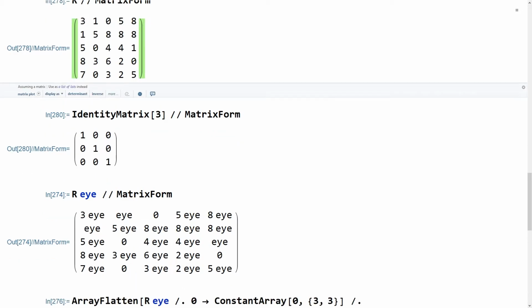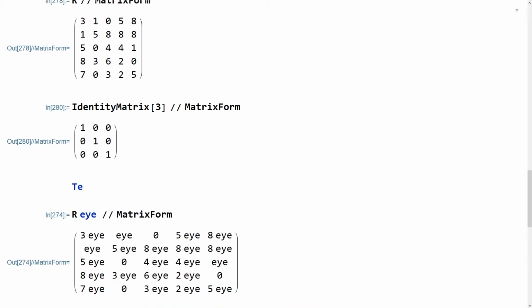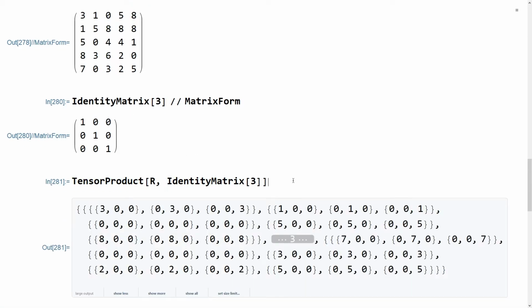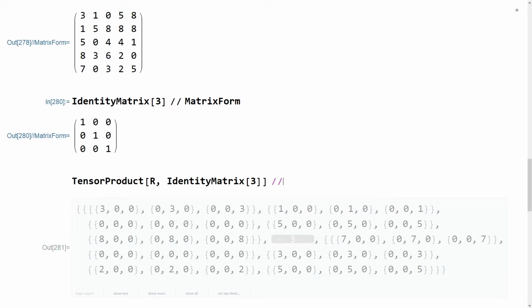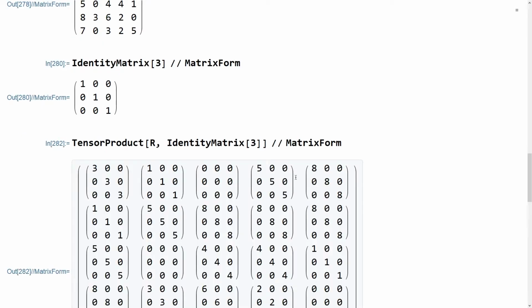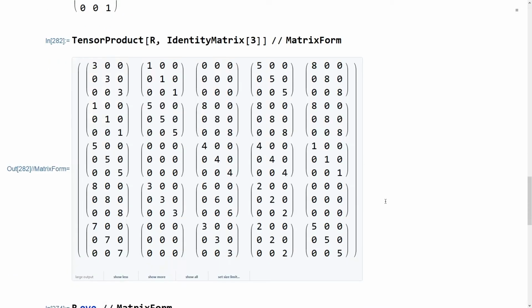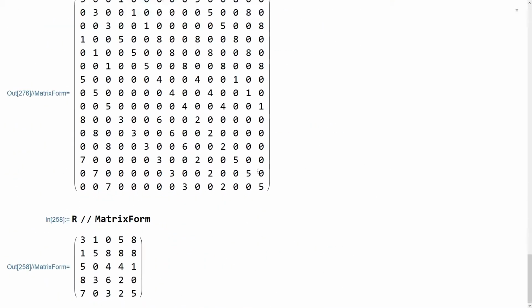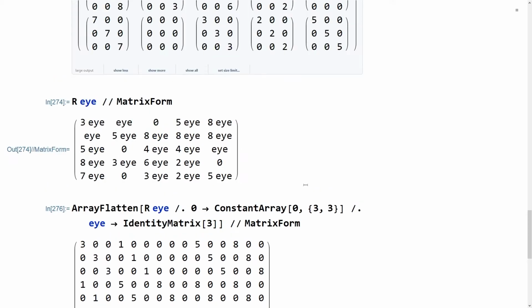And we can actually just do it directly with tensor product. So if we do a tensor product of R with an identity matrix of size 3, and we put that in matrix form, you can see that we have exactly the same structure that we got when we did it this way. Okay.